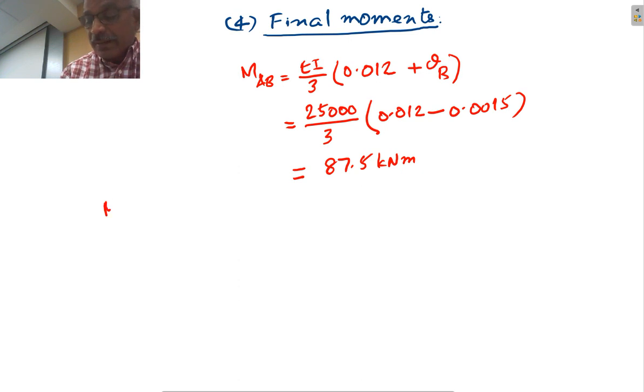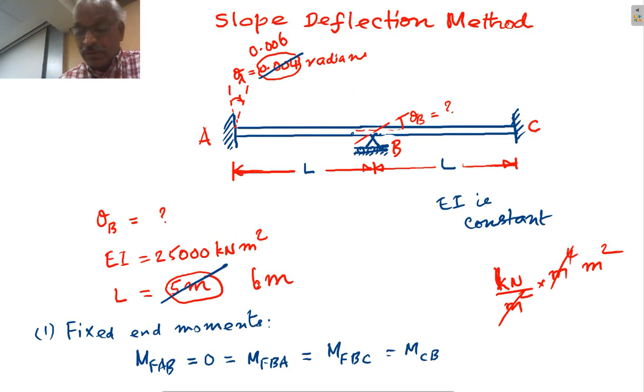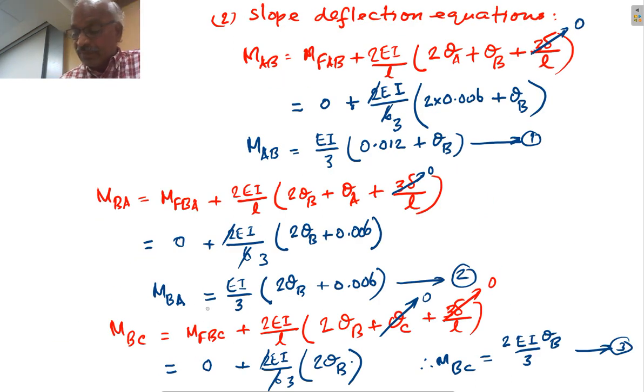Then MBA equal to EI by 3 into 2 theta B plus 0.006. So this we are going to rewrite.